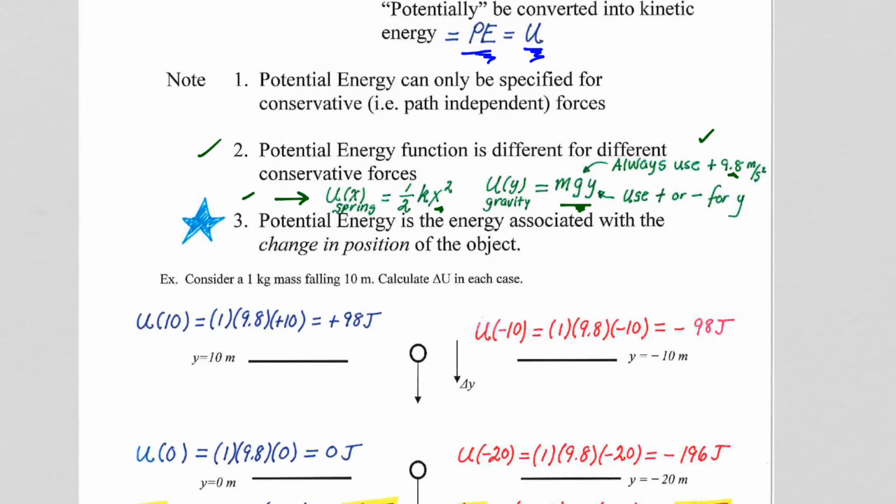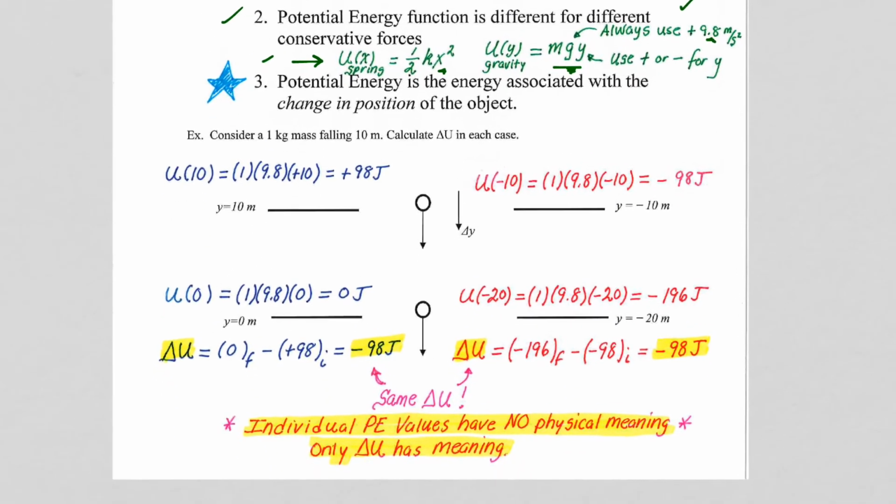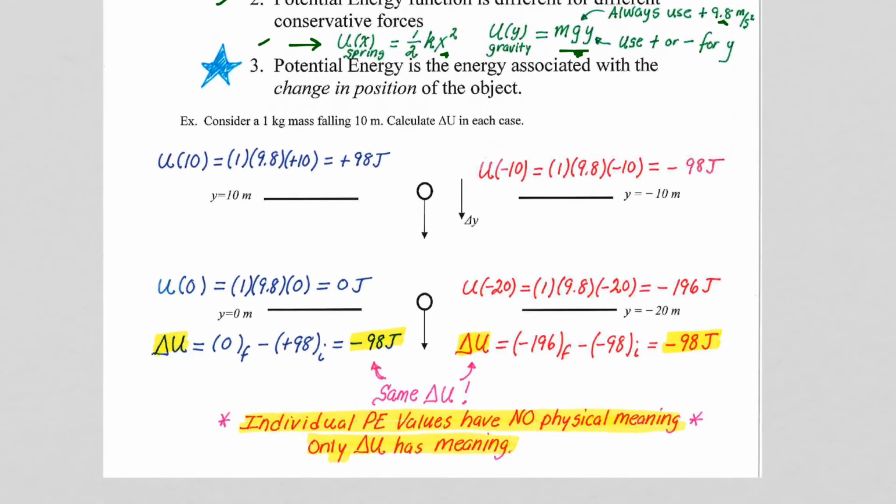Now, the most important thing conceptually I want to talk with you about on this page of notes is that potential energy is always the energy associated with the change in position, okay? Individual potential energy values, as we are going to see, have no physical meaning. We have to talk about the change in potential energy.